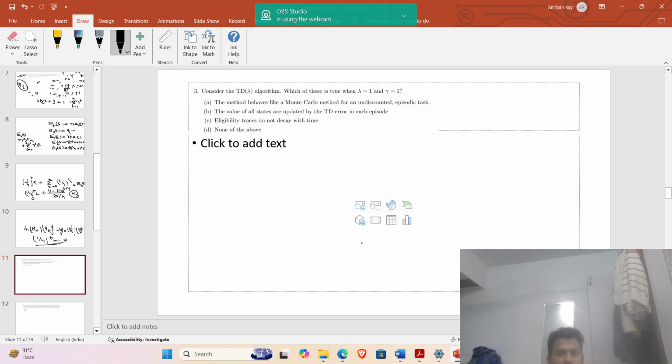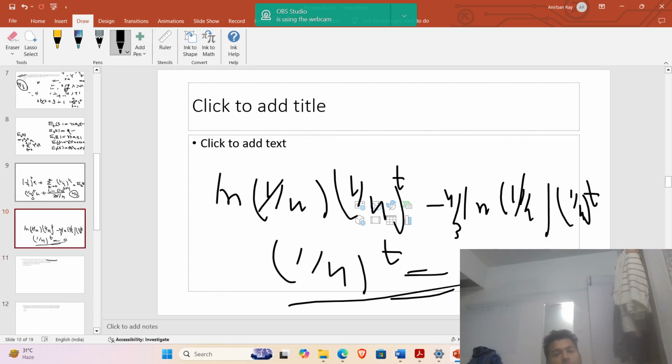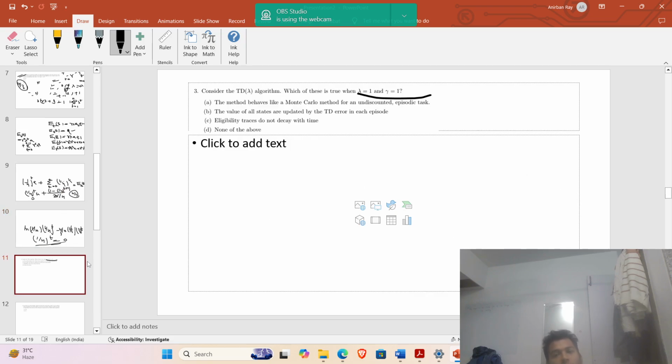So the very interesting part is that if lambda equals 1, gamma equals 1, the important thing you can understand from this question that we have done is that the traces were decaying. Here the traces do not decay. So that's the important thing. C part is correct. The value of all the states are updated by the TD error in each episode.